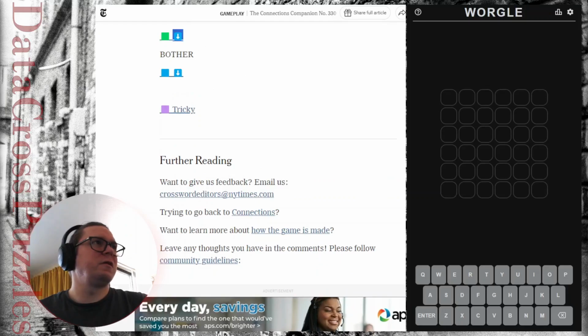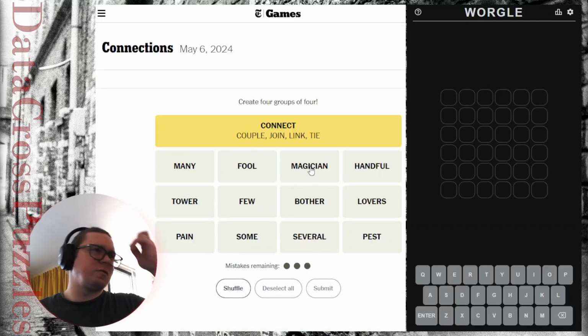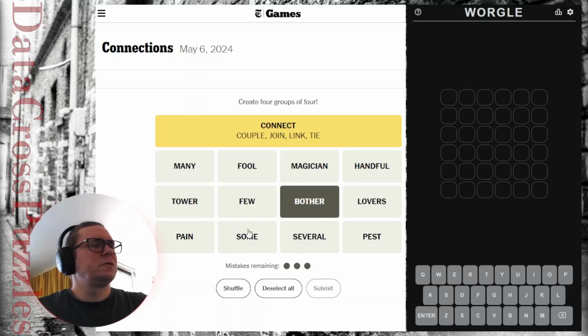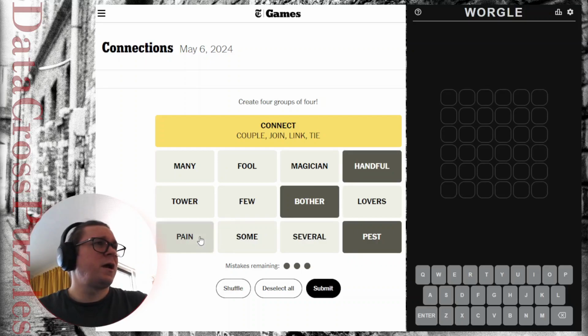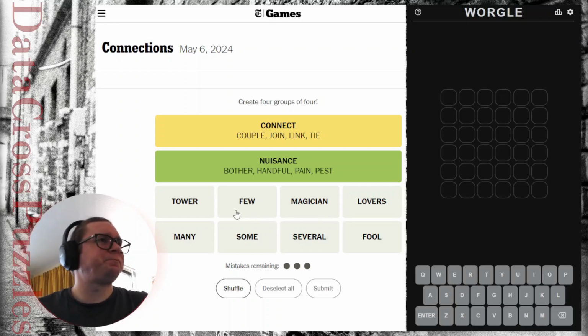Bother is in the green one, so a bother, a pest, or to bother, to pester someone. So a bother, a pest, a handful, maybe? A pain? There we go. Okay.